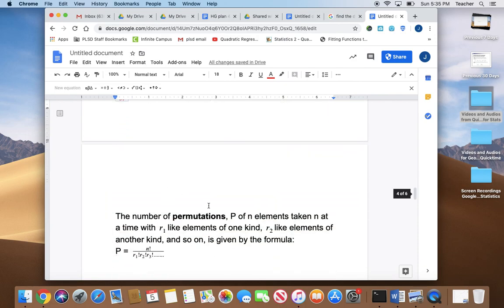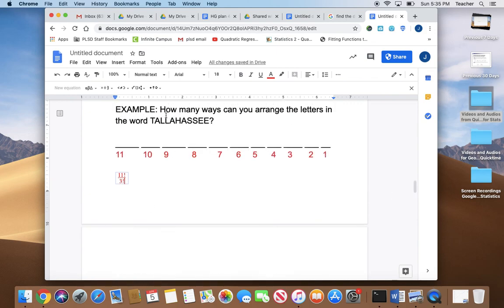Then it says R2 like elements of another kind. So I have 2 L's, and I put 2 factorial down there for my 2 L's. I have 2 S's, so I put 2 factorial for my 2 S's. And 2 E's, so I would put 2 factorial for my 2 E's. And you'll say, well, what about the T and the H?